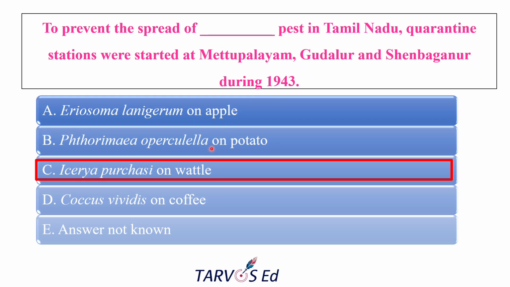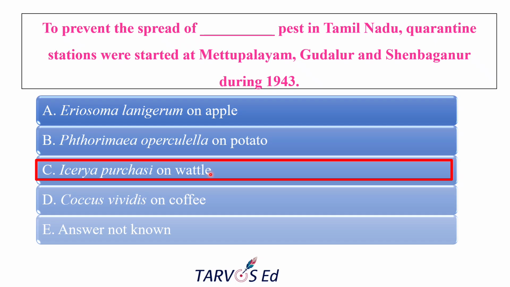For this, quarantine measures have been taken in the Kodaikanal and Nilgiris areas, but the majority of actions was in the 1950s and 60s after it became a serious issue, not in 1943. Okay, and Coccus viridis on coffee is a green scale, right? The control was through field management, not through quarantine stations. So the correct answer is Icerya purchasi on wattle.